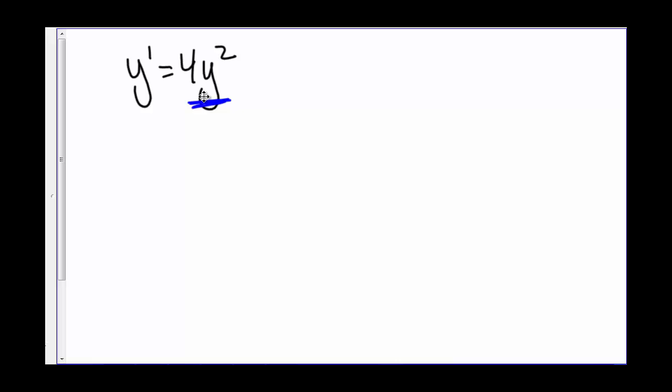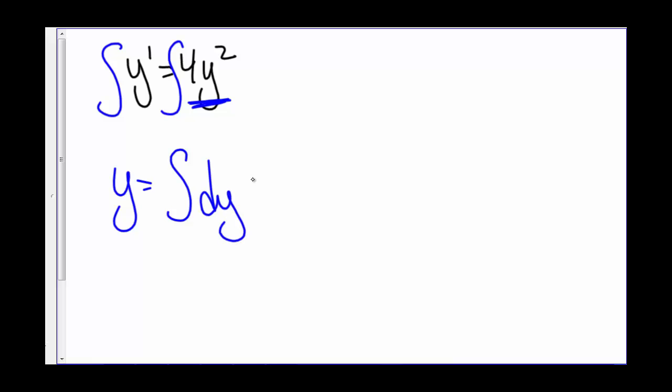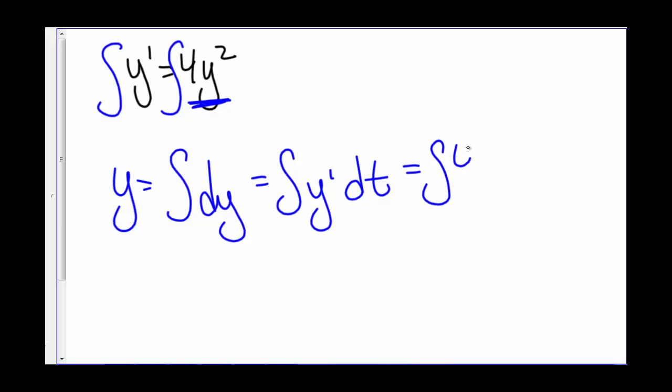We would have an issue where if we were trying to integrate both sides, we would have y equals the integral of dy, which is equal to the integral of y' dt, which is equal to the integral of 4y² dt. So currently, we cannot integrate as it is, and we will need more techniques.